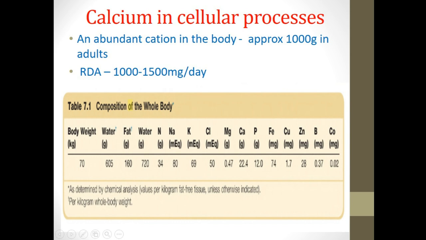That is why it is an abundant cation. Approximately 1000 grams of calcium ion is distributed in a normal adult human being.